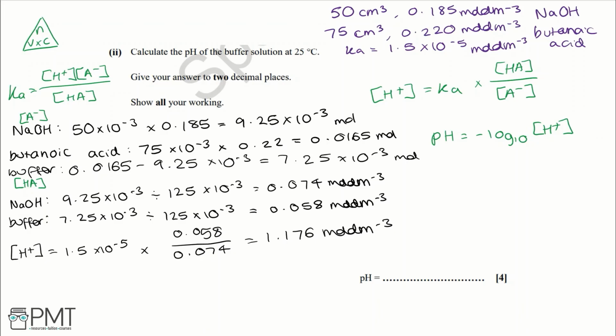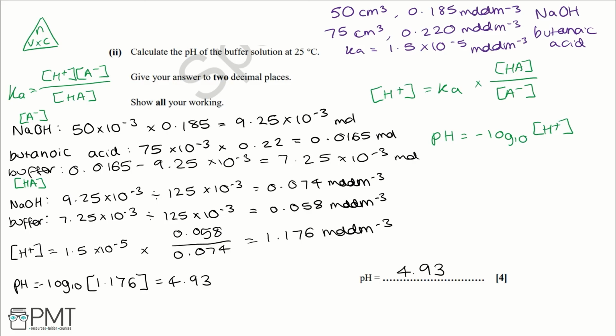But the equation still works for pH and pOH. So for pH, this is going to be minus log10 of our concentration of H+, which is 1.176, and that equals 4.93 to 2 decimal places, which we can then write on the answer line.